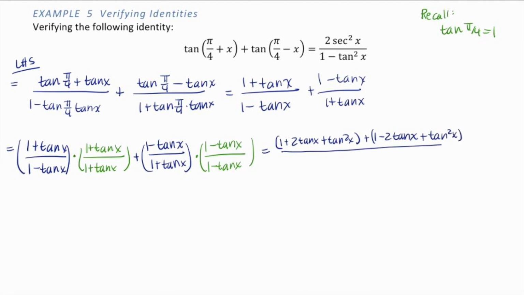This whole quantity divided by 1 minus tangent squared x. Now, these parentheses are not necessary. I only put them in so you can visually see that this product is what's inside this parenthesis, and this product is inside this parenthesis. So let me quickly get rid of those.